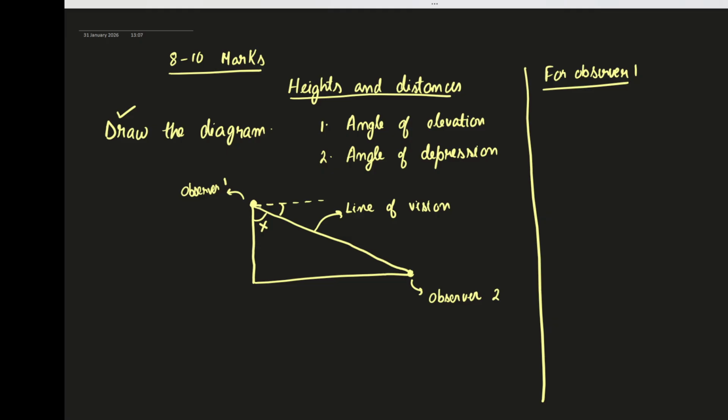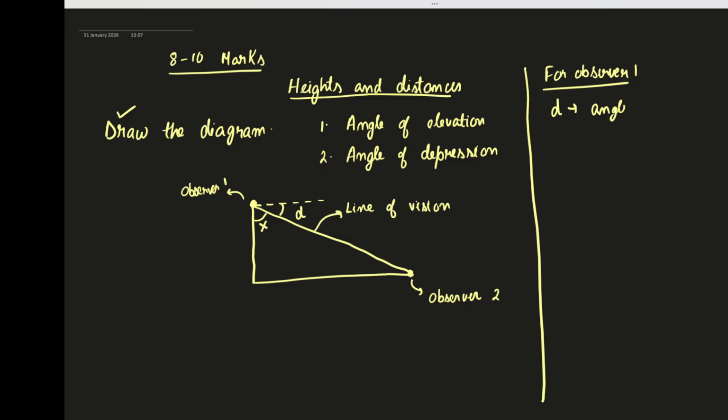We have to define the angles always with the horizon and with the ground. So the angle of depression will be the angle between the line of horizon and the line of vision. It's known as angle of depression D. So for observer 1, D is the angle of depression.